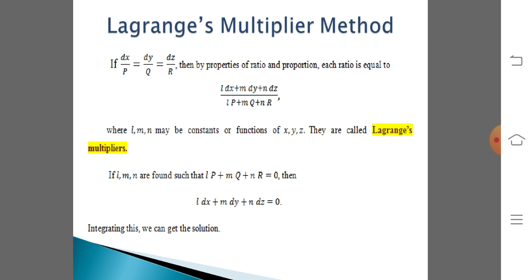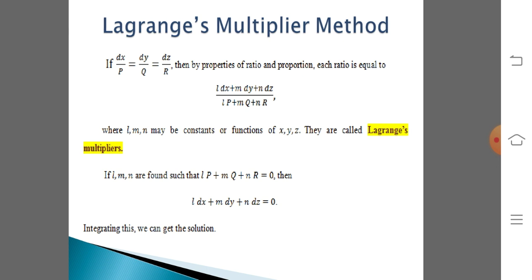In that way we have to choose the multiplier. If the denominator becomes 0, automatically we can have l dx plus m dy plus n dz equal to 0. From this identity we can easily get one solution by using the integration method. So this is known as the Lagrange's multiplier method.